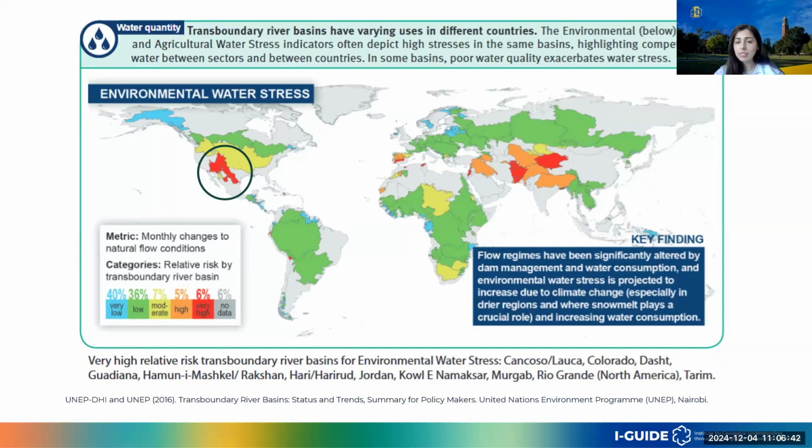And based on these factors, a few of these river basins and shared water resources have a higher risk of conflict. And the US-Mexico border region is one of those high risk regions for transboundary water conflicts.